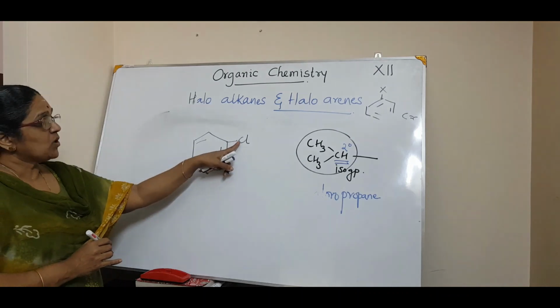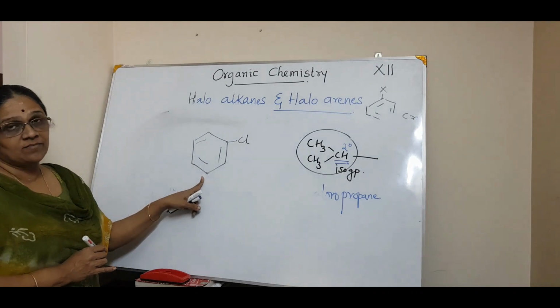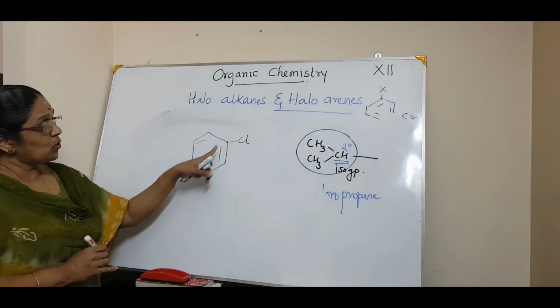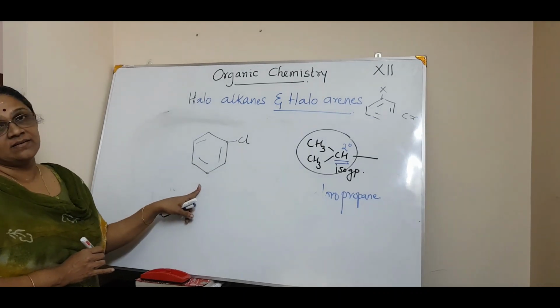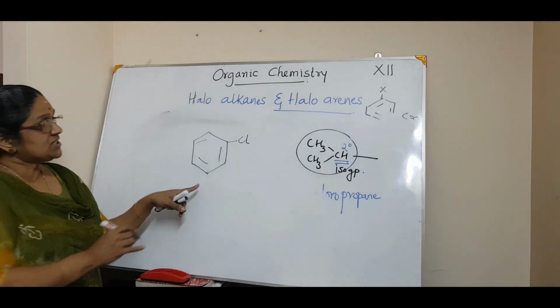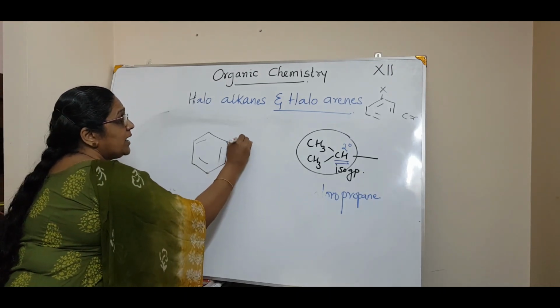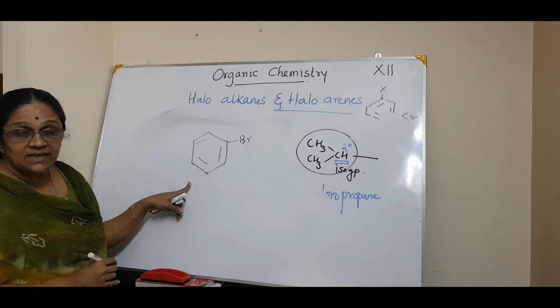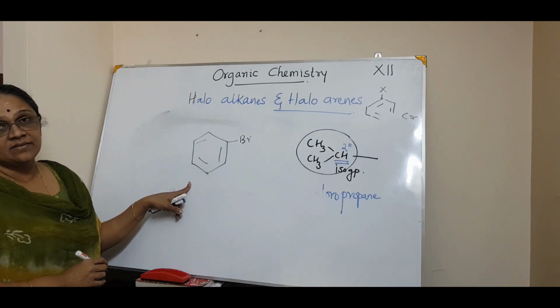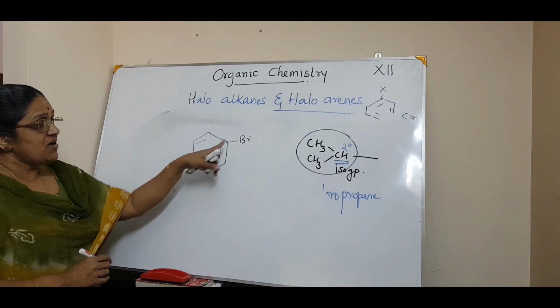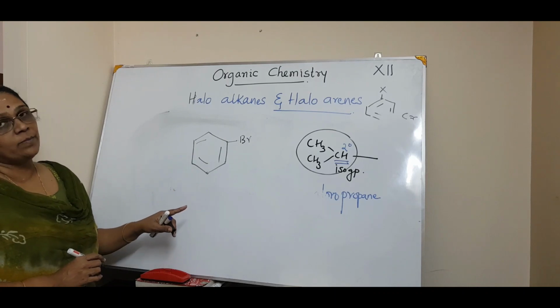You will write chlorobenzene. Isn't it? Chlorobenzene. If it is bromine, you will write bromobenzene. If it is iodine, iodobenzene.